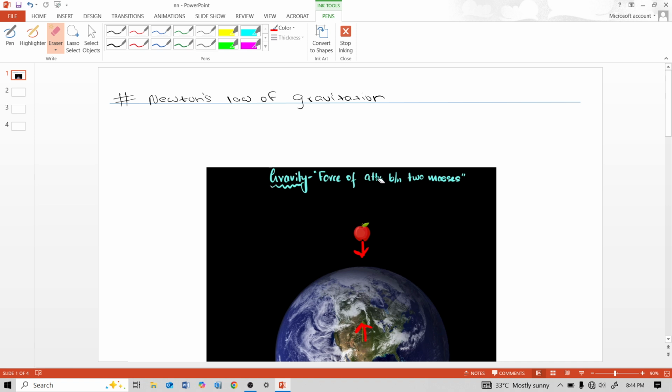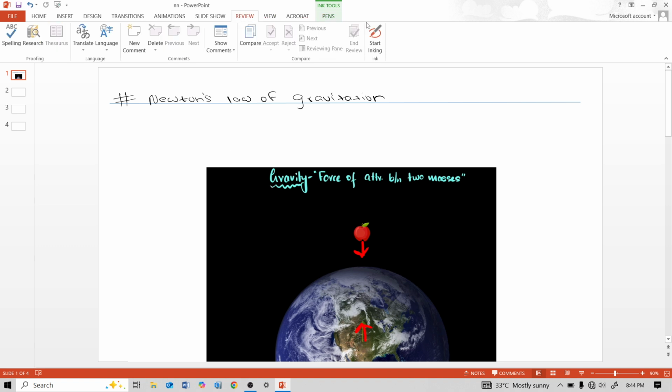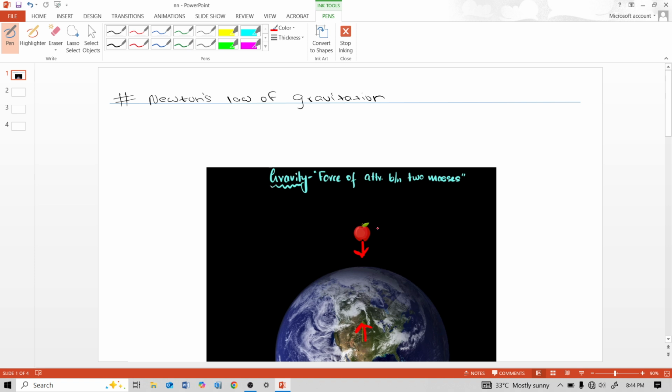But why do we only feel attraction to earth, and why don't we feel attraction between you and the table? So see here, let us consider that the earth has mass small m1 and the apple has mass small m2. Remember that if these masses m1 and m2 increase, then Fg, the force of gravity, will also increase.